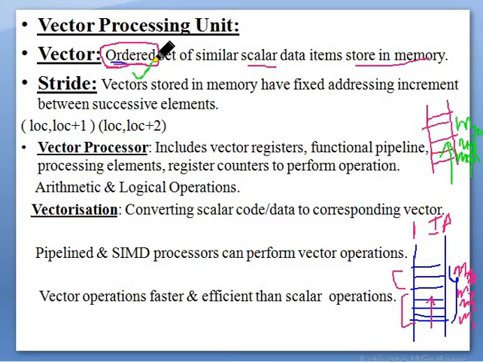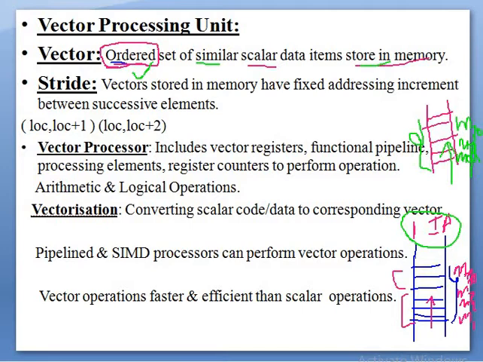So whenever I will not get ordered data, it is not called a vector. So vector means it should be in some order and similar. Why is it similar? You can see all, what is the definite thing about all? It is an integer because it is marks. Second thing, they are related to some parameter called the first IA, and they are stored in the memory. Whenever we store such a type of set of data, we call it a vector.